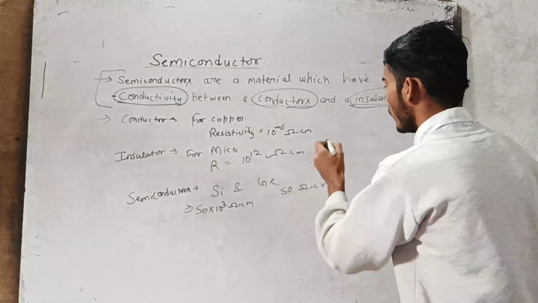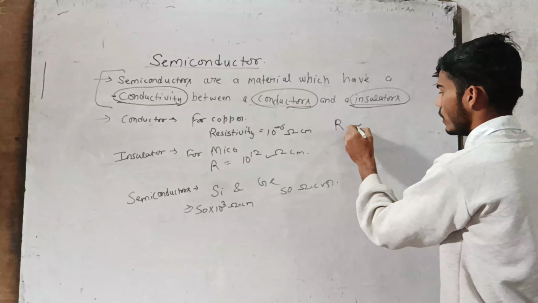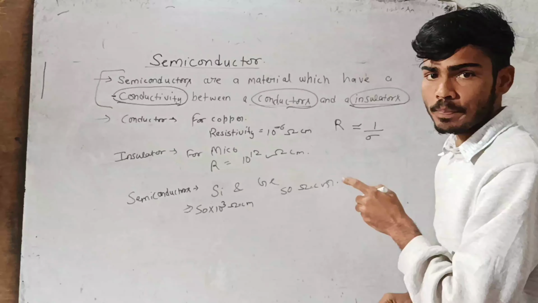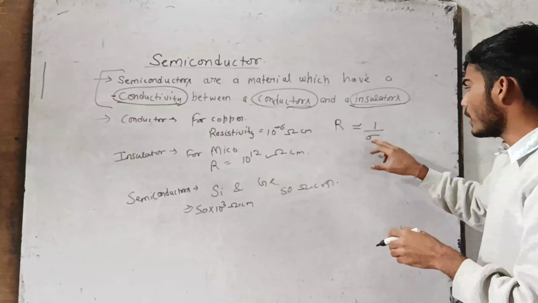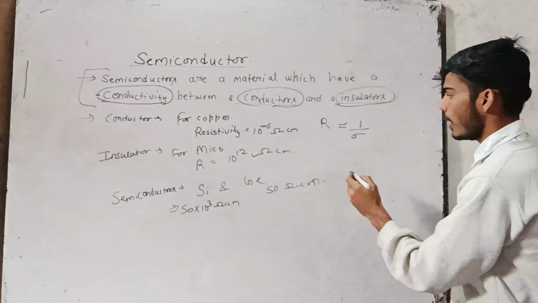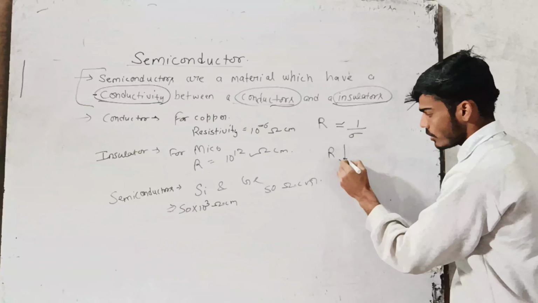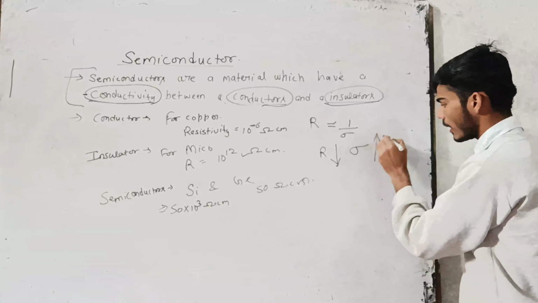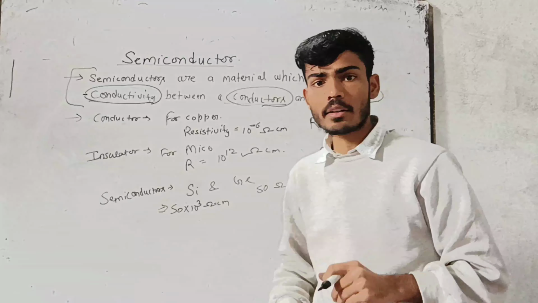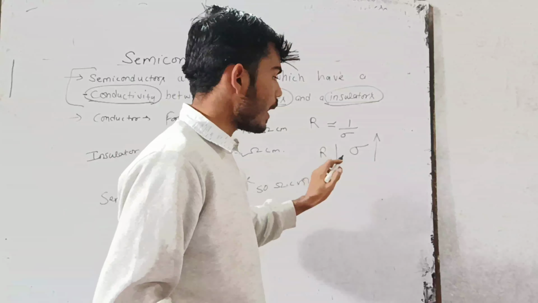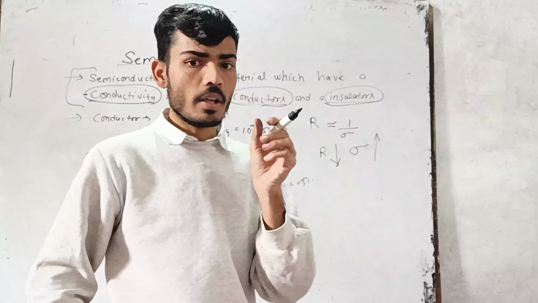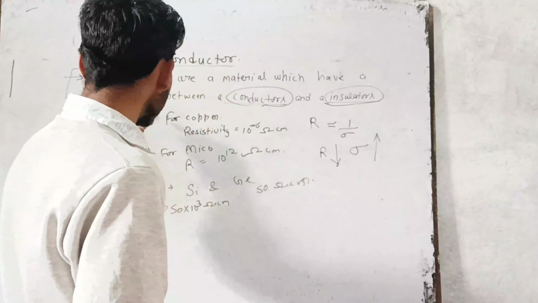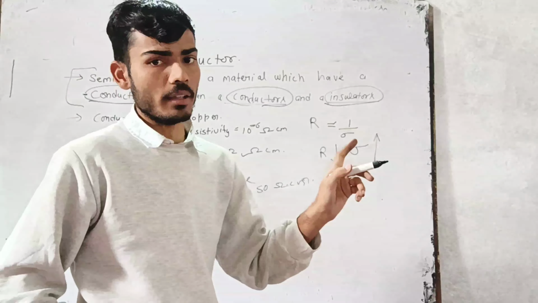And as we know by our formula, resistivity is equal to 1 by sigma. Here sigma is conductivity. So here this tells us if we have low resistivity, it means we have high conductivity. High conductivity means whenever we pass a little voltage, current starts flowing. So in conductor, conductivity is very high.